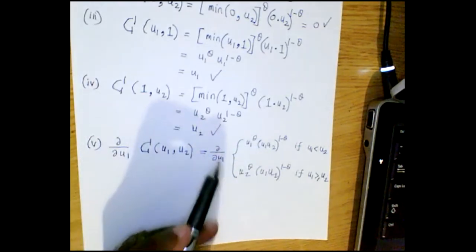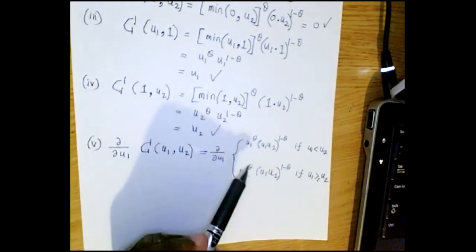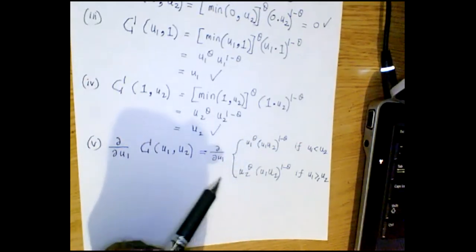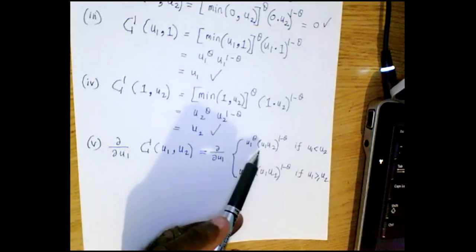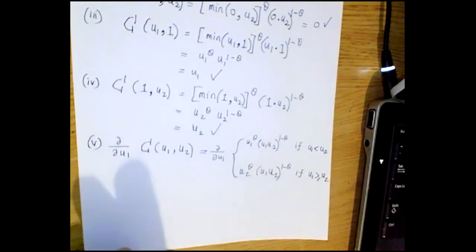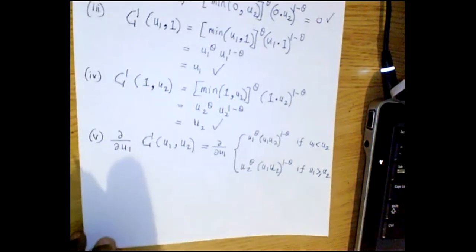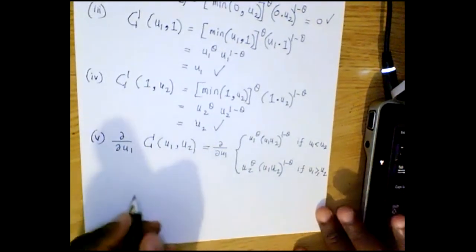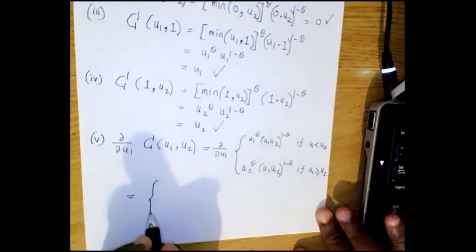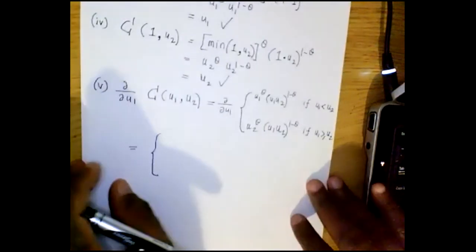Okay. Now you can take the derivative inside the two cases. So if you differentiate this with respect to u1 and this with respect to u1, you will get the following. Let me show you, right?